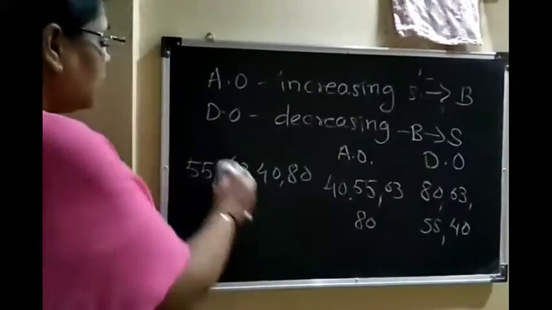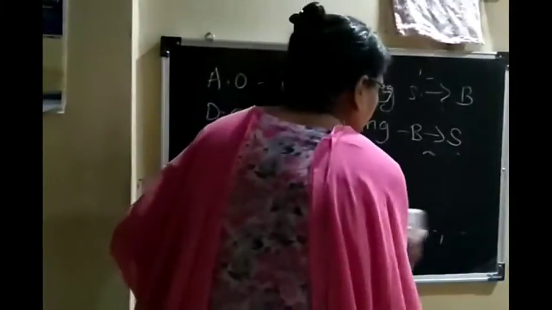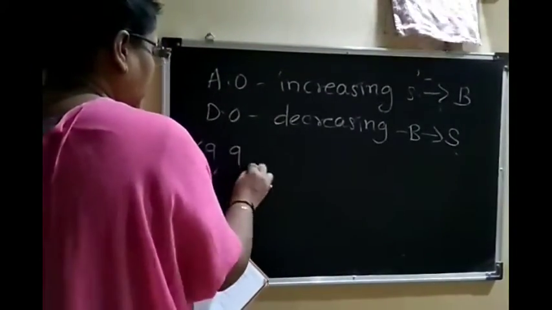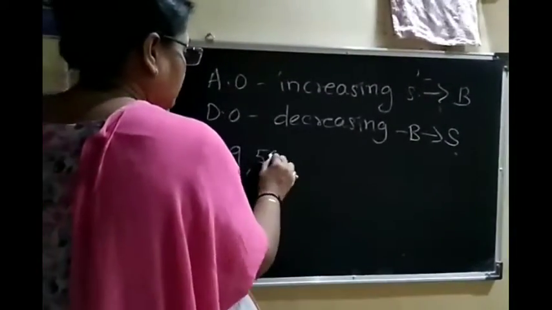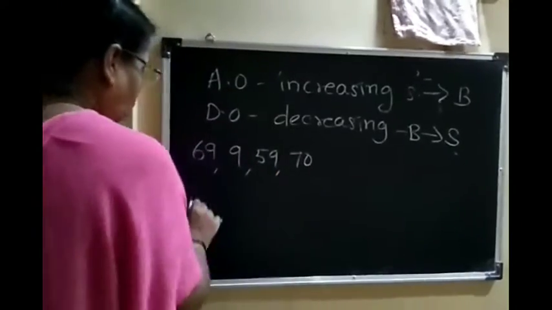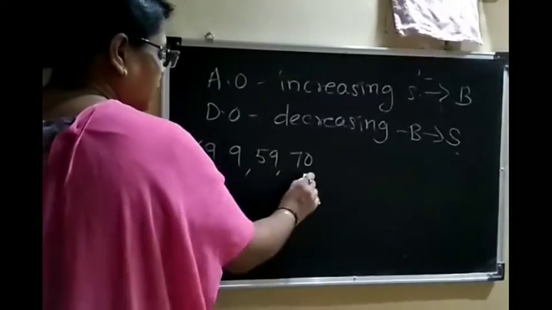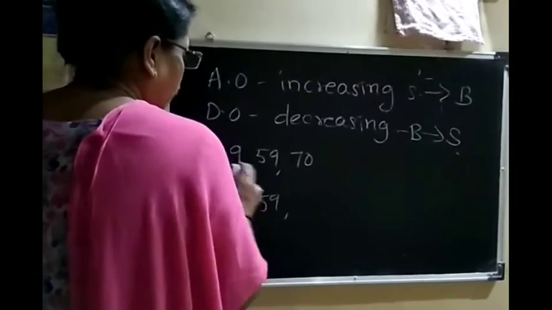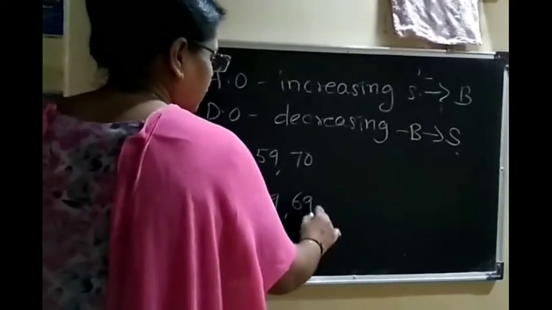One more example I will take here. 69, 9, 59, 70. Now ascending order, that is increasing. First is 9, 59, from smaller to bigger, 69, 70.